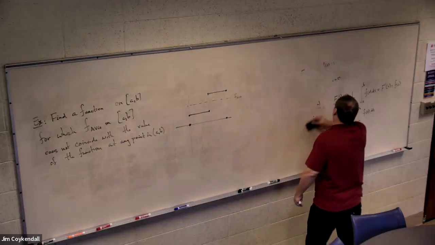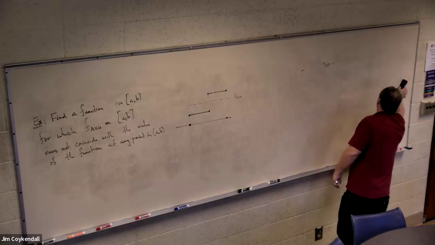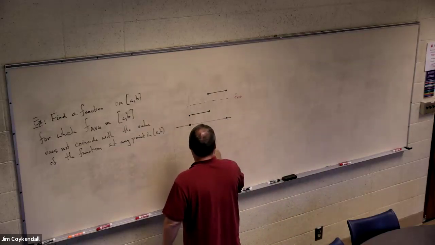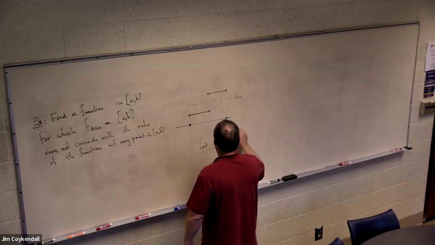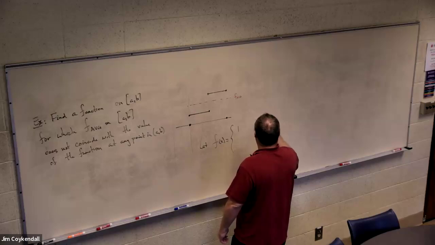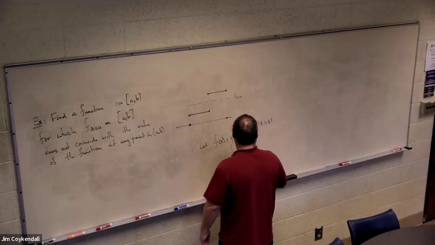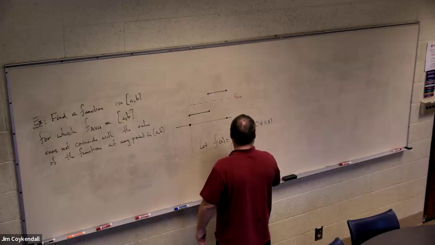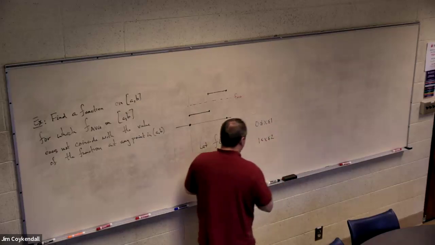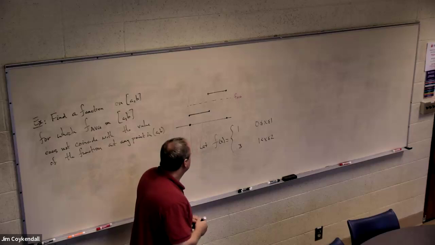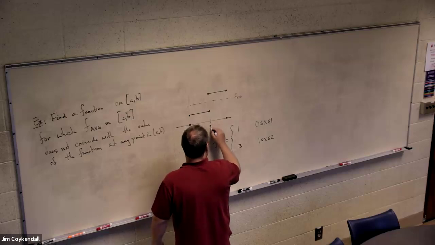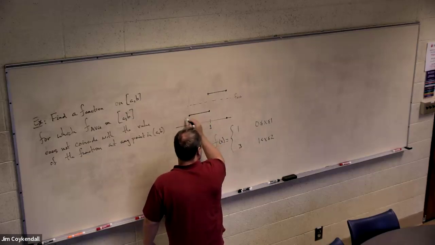Let me actually do the computation. Let's let f of x mimic my picture. Let's say f of x is 1 if x is from 0 to 1, and 3 if x is from 1 to 2. So this would look very much like my picture, right? That's 1. This is 3.